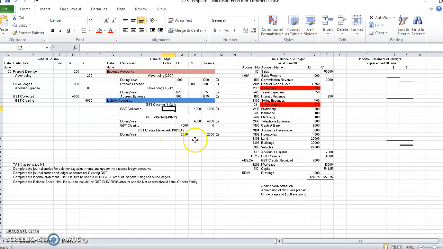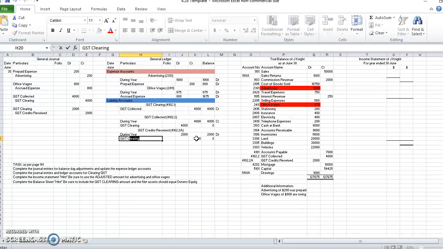Now we'll close GST credits received by crediting it to make it zero. So we'll credit GST credits received for $2,000. And debit GST clearing. So GST credits received, credit for $2,000.